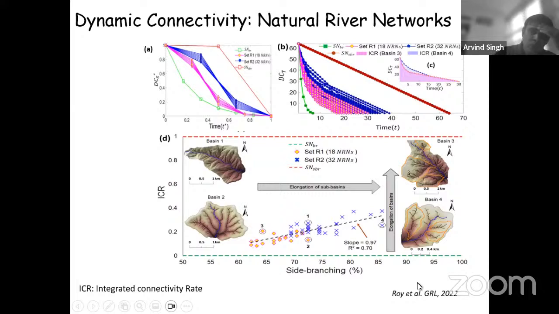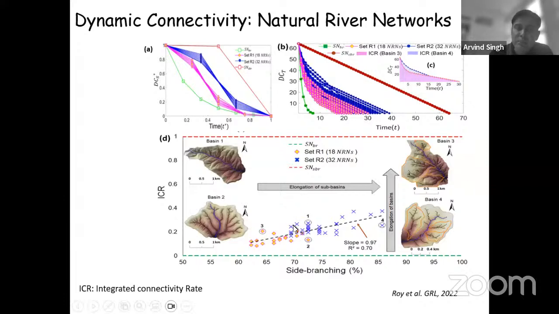So when we plot the ICR as a function of side branching percentage, we see an increasing trend of ICR with side branching, again suggesting that the connectivity rate increases with increasing side branching.